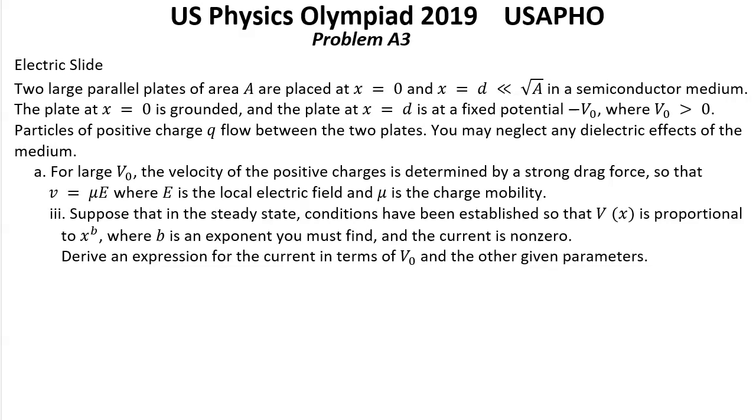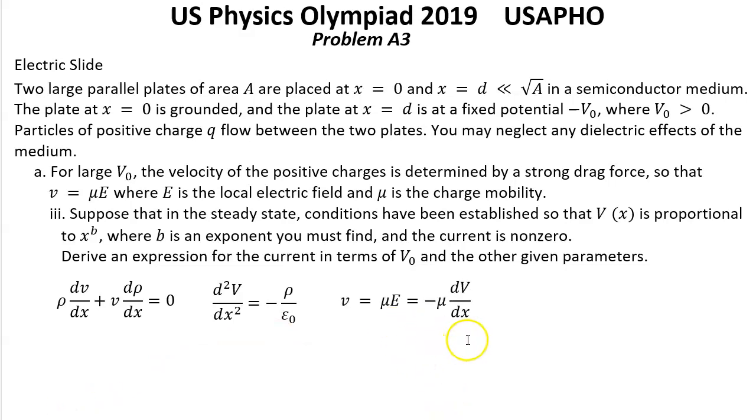Now let's use results from the first and second questions. This is from the first question, and this is from the second question, which we also call Poisson's equation, and also from the condition that v equals mu E, we have this equation. From the first equation we can exclude rho and v, and we finally have this differential equation.